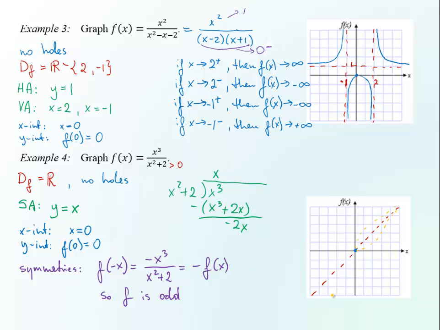Well, we need to check which possibility it is. We may want to check some extra points. For example, if I want to know what f of 1 is, plug 1 into the expression, it's 1/3. Okay, so now I know that my graph goes through the point 1 and 1/3. So it's somewhere here. That gives me reason to believe that the shape will follow that pattern.